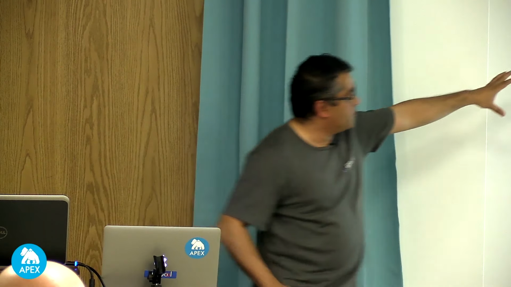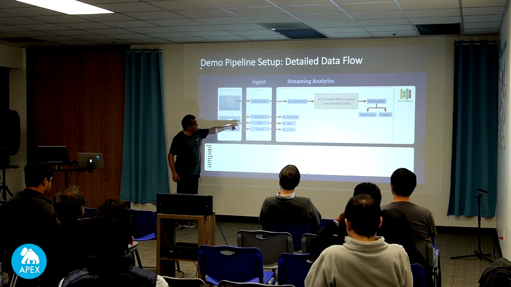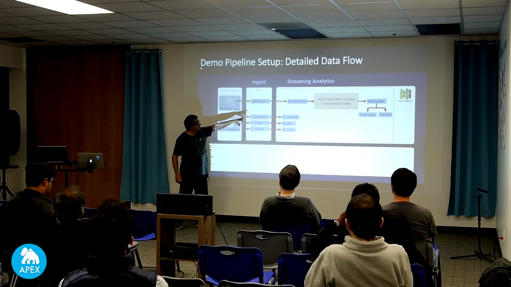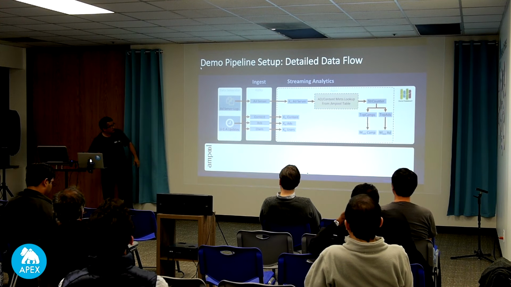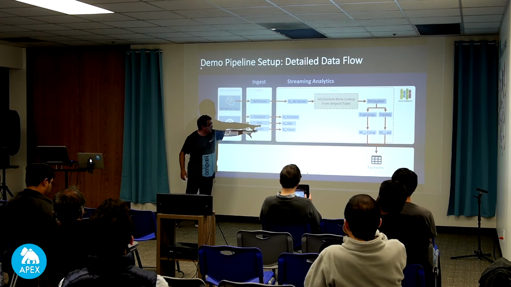So this is where you have ad server logs, you have content, ads, or users updates, they are coming into Kafka, and then in the Apex context, this box is where you have these Apex operators.